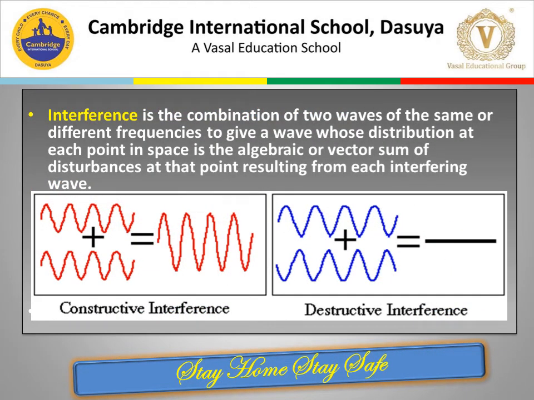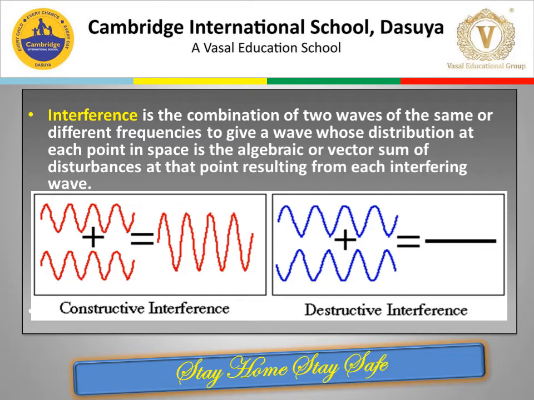Now, what is this interference? Interference is the combination of two waves of the same or different frequencies to give a wave whose distribution at each point in space is the algebraic or the vector sum of disturbances at that point resulting from each interfering wave. This can be of two types, constructive interference and destructive interference.